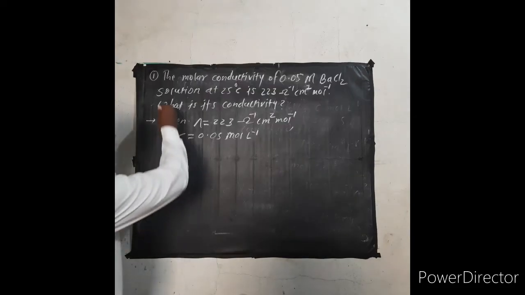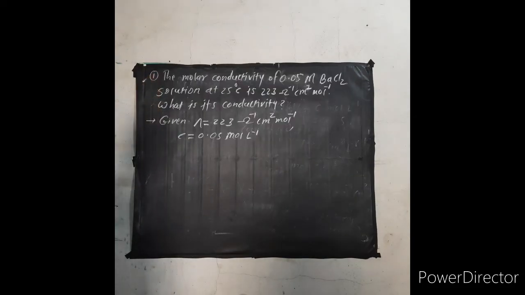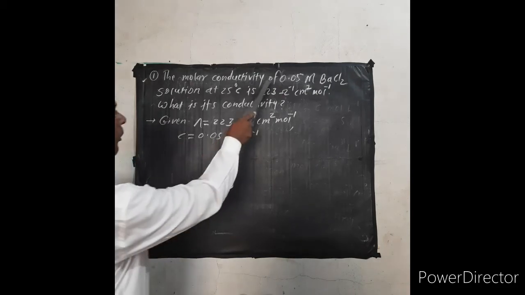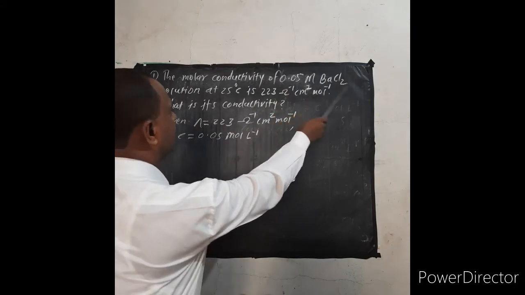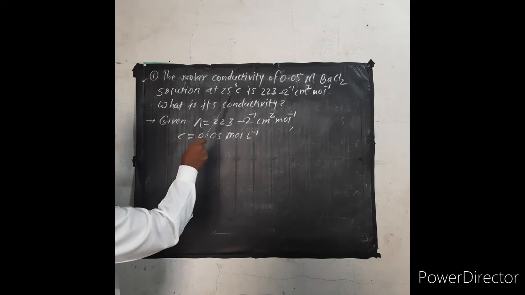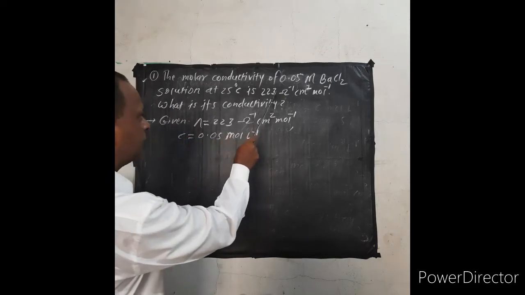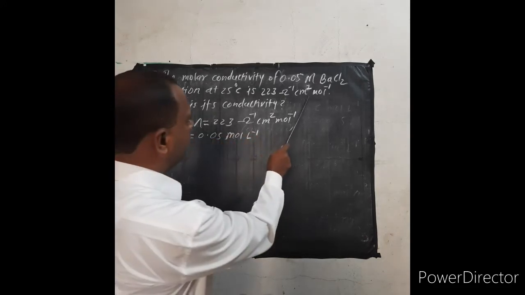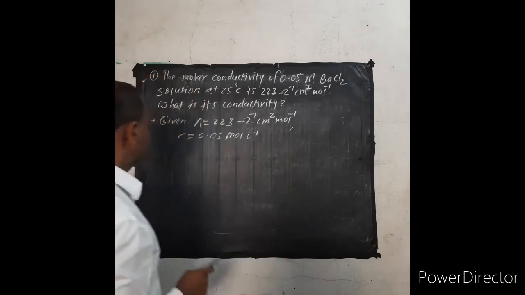Now we will study a particular problem. Read this problem. The molar conductivity of 0.05 molar BaCl2 solution at 25 degrees Celsius is 223 ohm inverse centimeter square mole inverse.